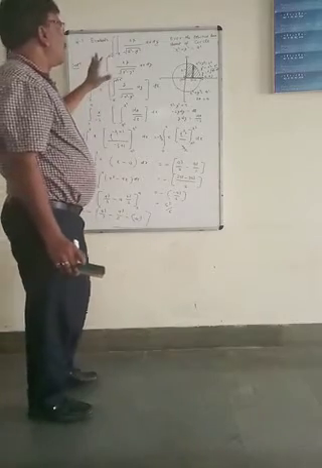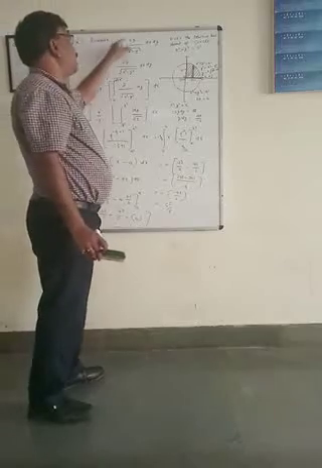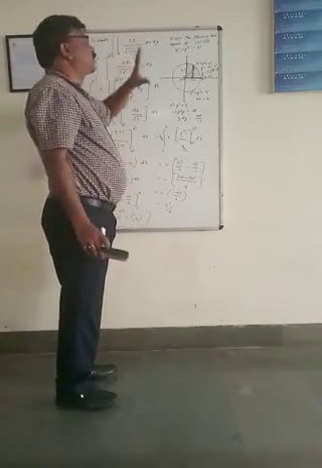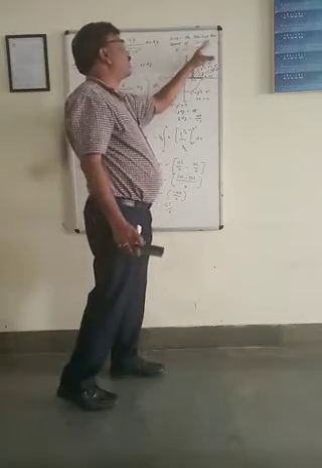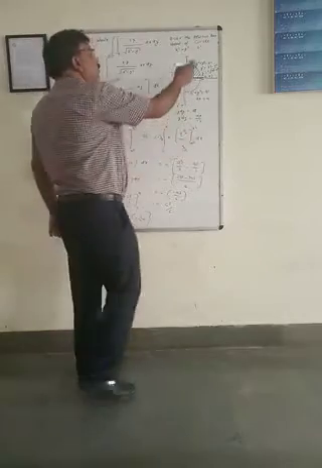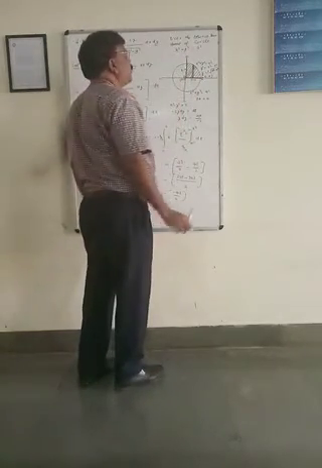Again, recap this question. Evaluate xy upon under root a square minus y square, dx dy, over the positive quadrant of the circle x square plus y square is equal to a square. So we draw the circle x square plus y square is equal to a square.